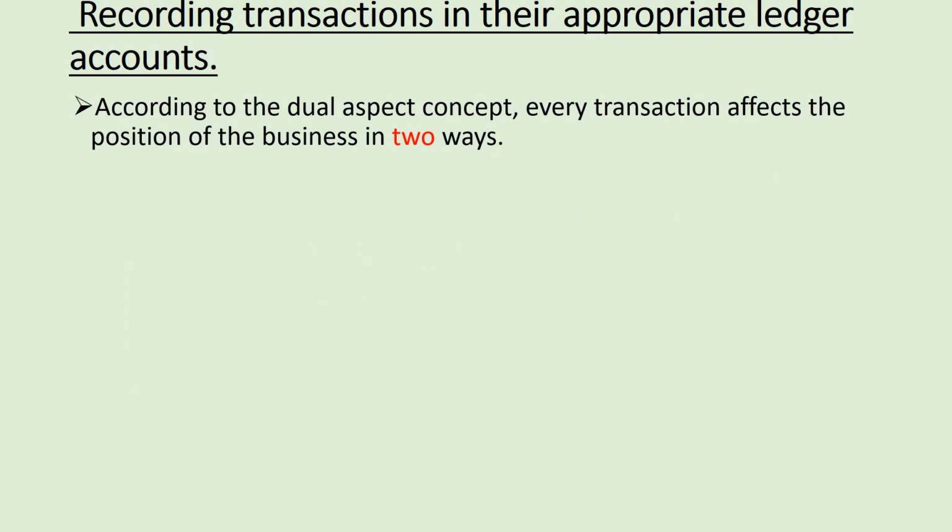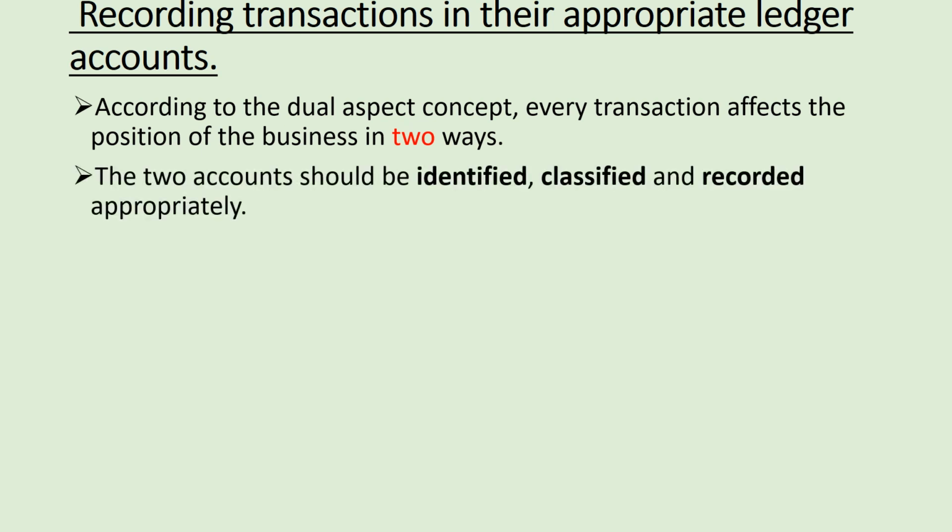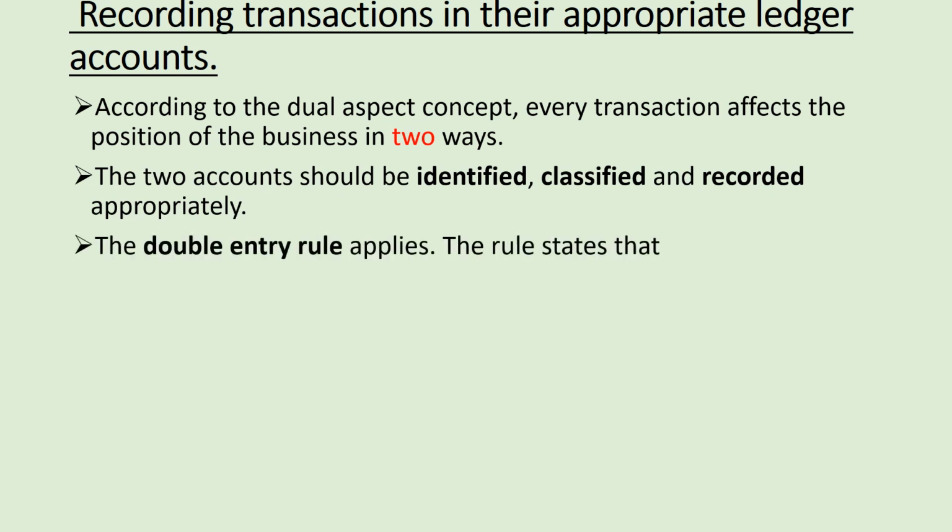So according to the dual aspect concept, every transaction affects the position of the business in two ways. So the two accounts should be identified, classified, and recorded appropriately, like I mentioned earlier. The double entry rule applies.